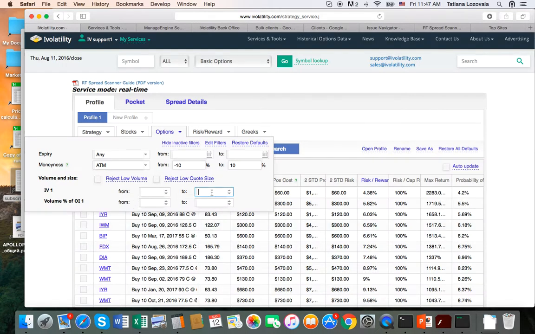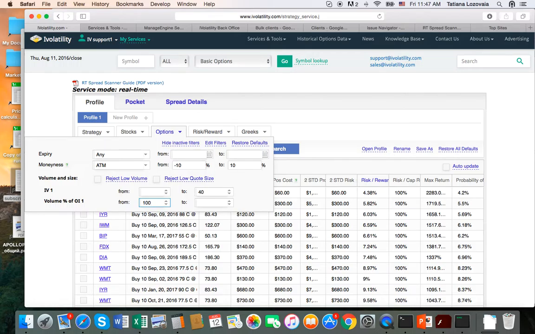We would like to buy cheap options, so we set implied vol no more than 40. And with regard to volume, let's put 100%, which means that we are looking for options whose volume during the trading day exceeds the total open interest of the options.